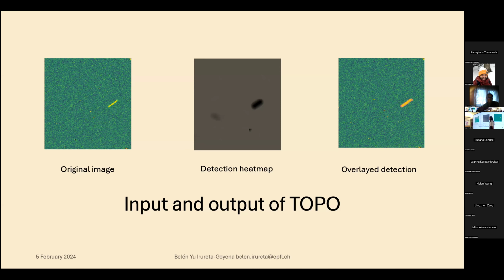More specifically, you feed it the original image, and it will output a probability heat map that tells you how likely an object is to be an asteroid. Just for you to compare, that's the overlay of the detection on the original image.